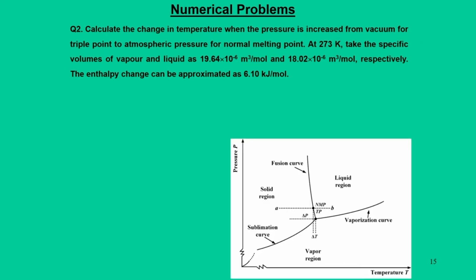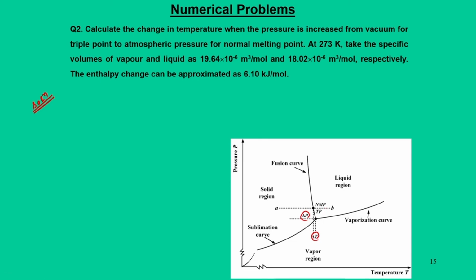Now another important point that I need to emphasize in the second problem is the phase diagram. I have been talking about the change in pressure delta P with respect to delta T on a phase diagram, when we are moving along a fusion curve and the pressure and temperature change simultaneously.